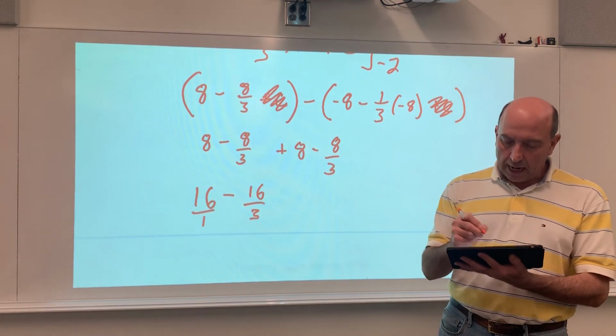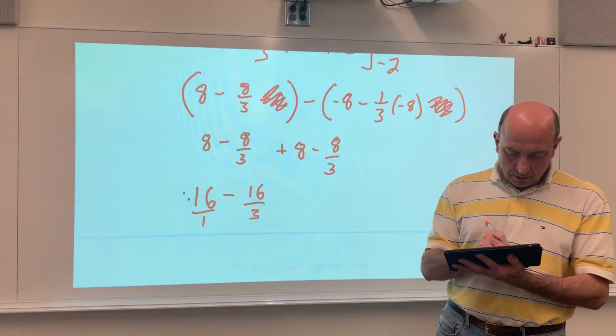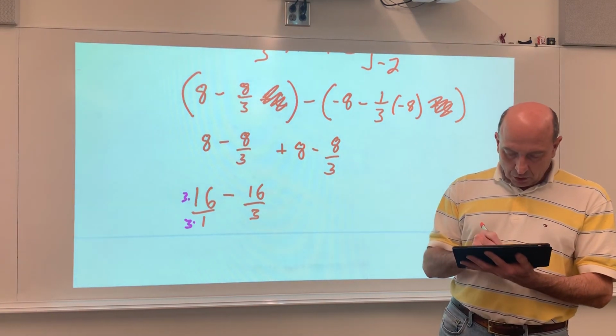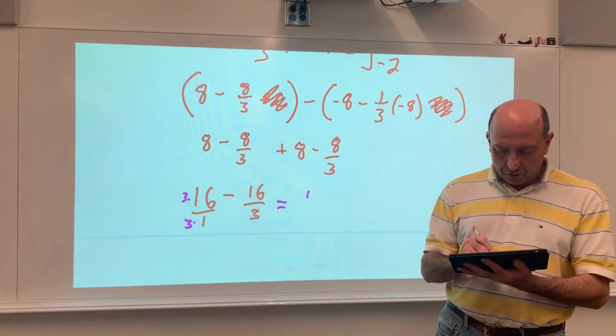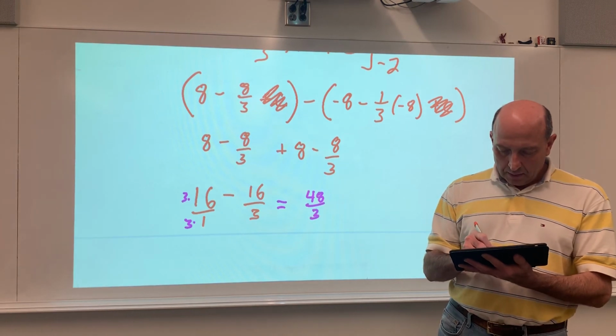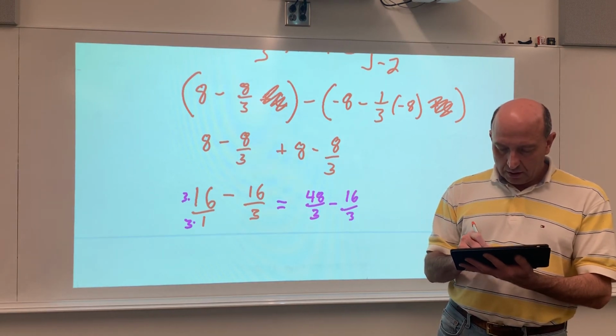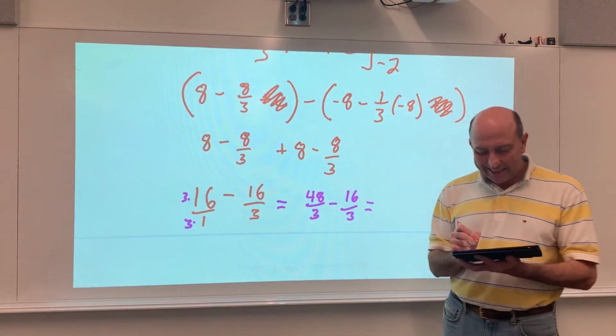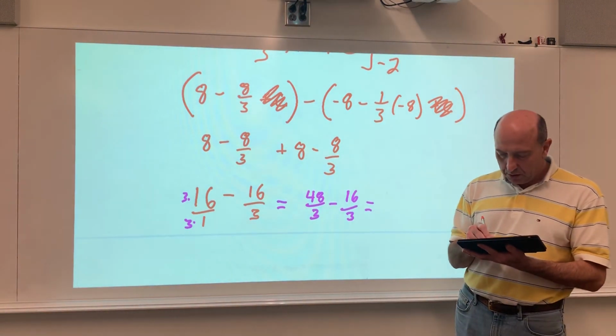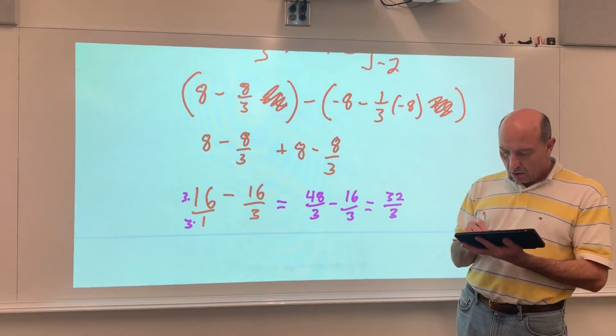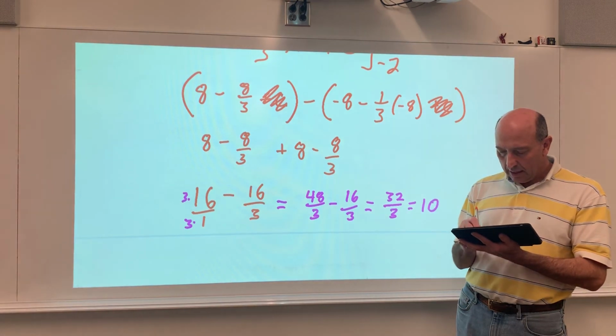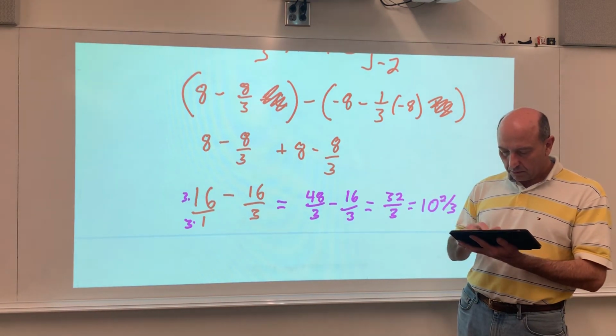So 16 minus 16/3 is, I don't know, we'll multiply the top and bottom by 3. So we get 16 times 3 is 48/3 minus 16/3. 48 minus 16 is what? 32/3, which is 10 and 2/3.